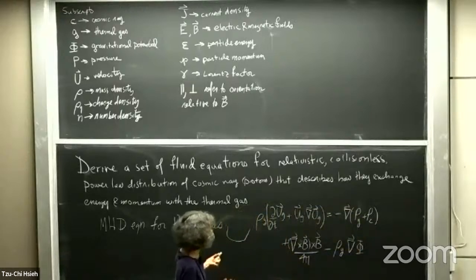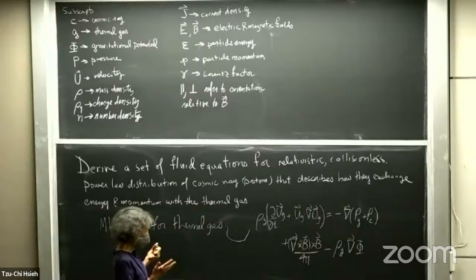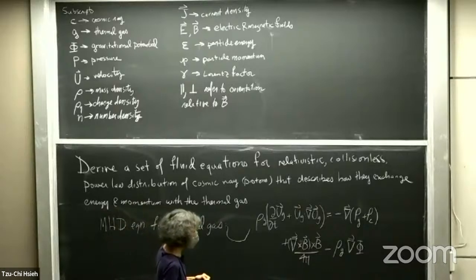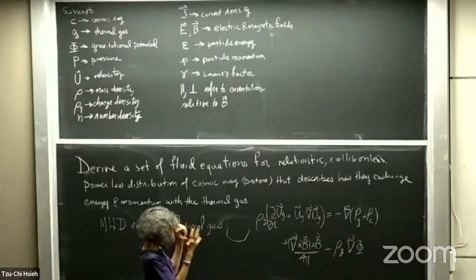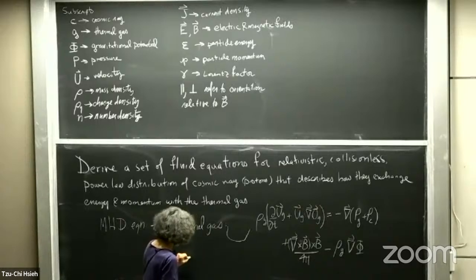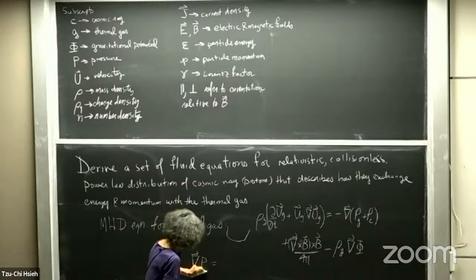And although it's not obvious from the appearance of this, this is based on adding the momentum equations for thermal gas and cosmic rays together. And it's implicit in this that the parallel cosmic ray pressure gradient is identically 0.